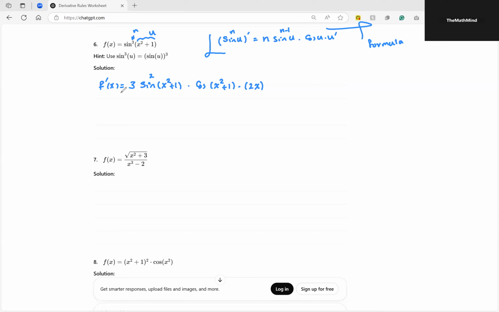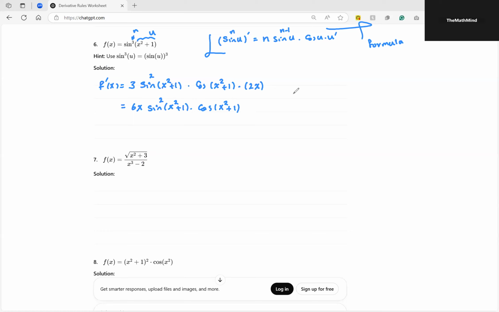So you can multiply 2x by the 3 coefficient here, and it's going to be 6x multiplied by sine squared of x squared plus 1 times cosine of x squared plus 1.